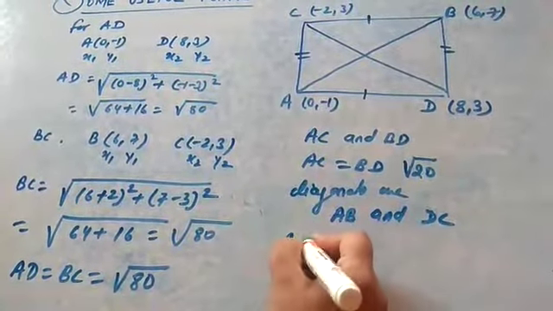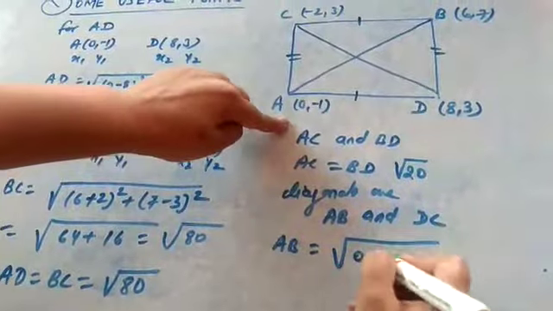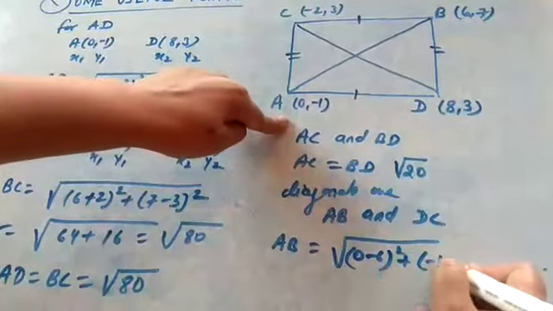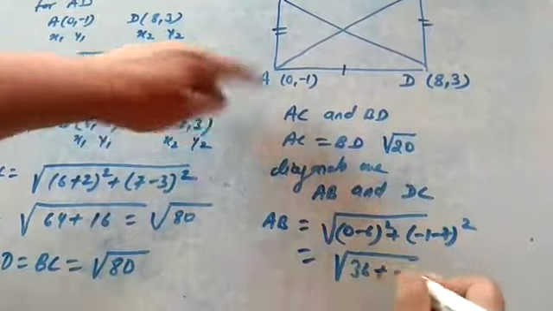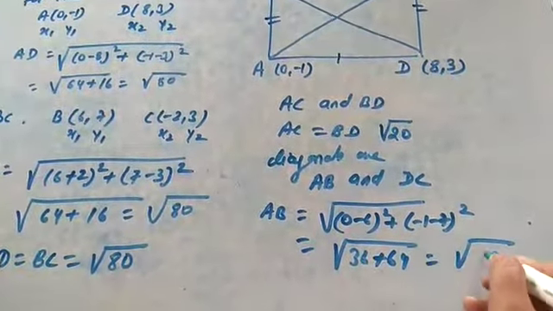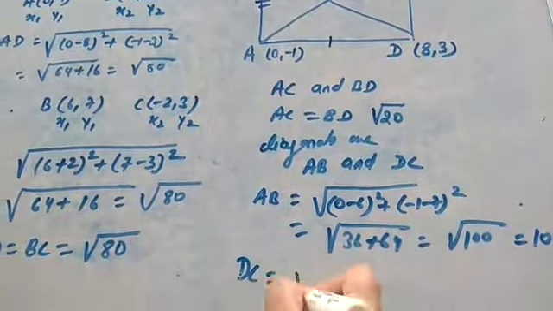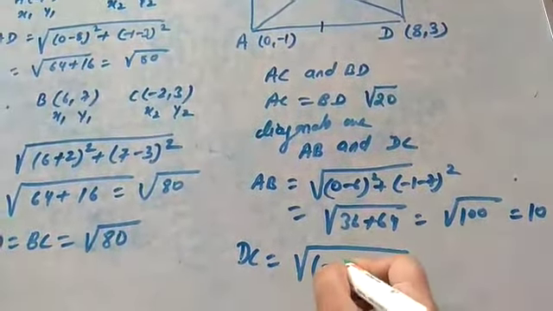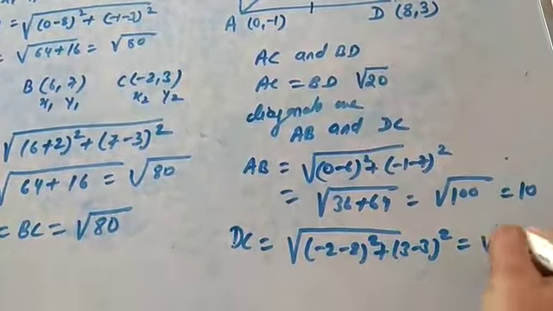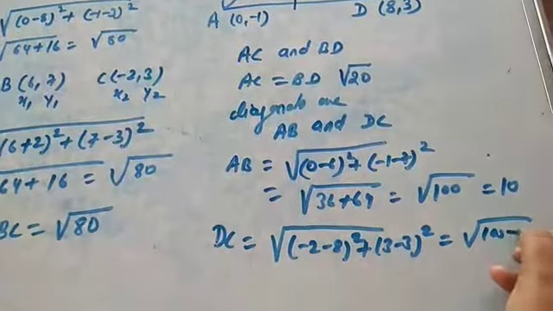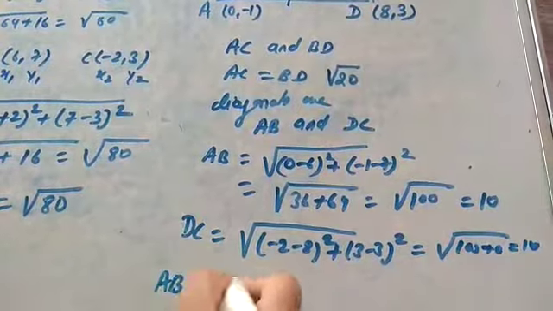So when we find AB, it will be root under (0 minus 6) square plus (-1 minus 7) square, 36 plus 64, that is 10. And when we find DC, it will be root under (-2 minus 8) square plus (3 minus 3) square, 100 plus 0, that is 10. So AB equals DC.